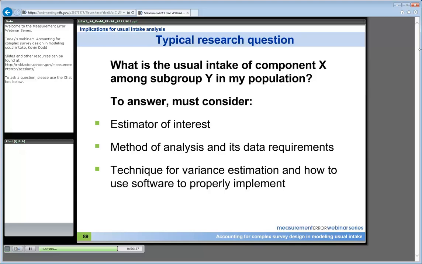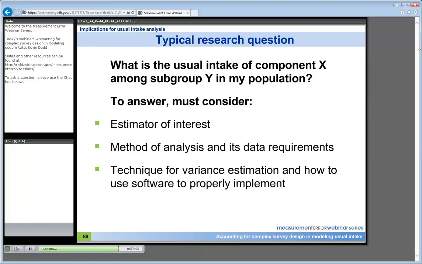You need to consider the method of analysis and the data requirements. You know, has this analytic method ever been applied in the context of sample surveys before? Do you have the right kind and amount of data for the method to be applied? Do you have enough replicate 24-hour recalls, or are you going to get by with just one 24-hour recall for a simple mean? And then lastly, you need to consider the technique that is going to be used for variance estimation and how to use the software to properly implement that technique.